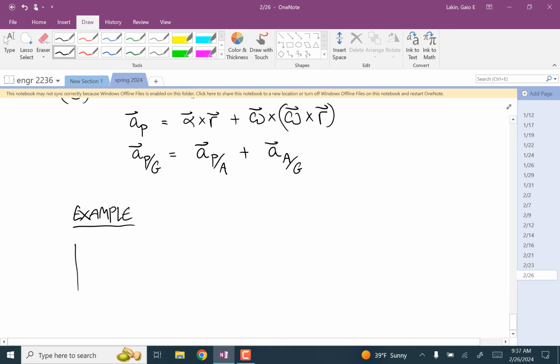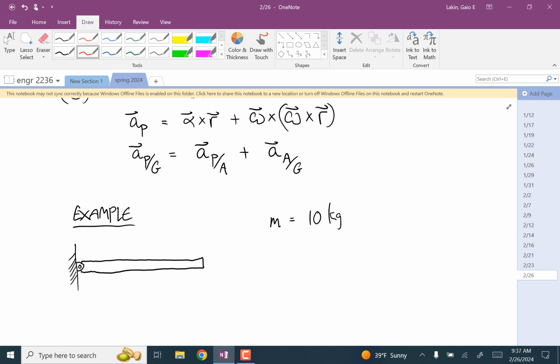Okay, so let's say that we have a body that's connected to the wall with a hinge. Let's say the mass of this thing is 10 kilograms. It has a length of 2 meters, and it's released from rest.